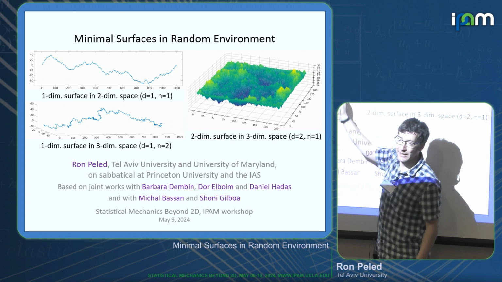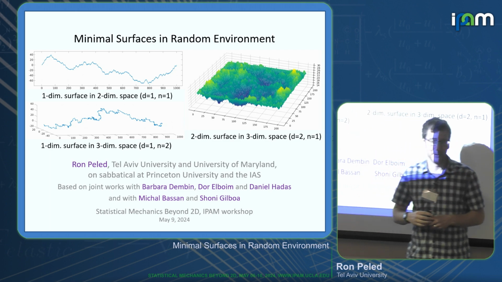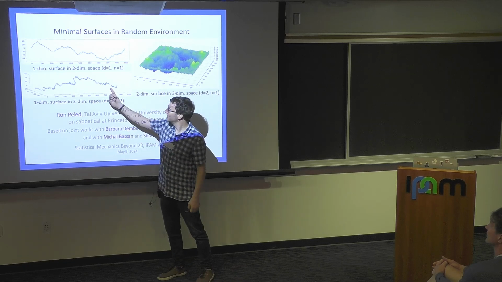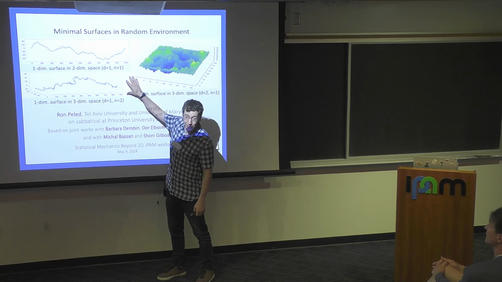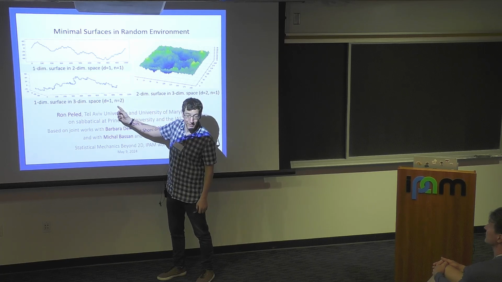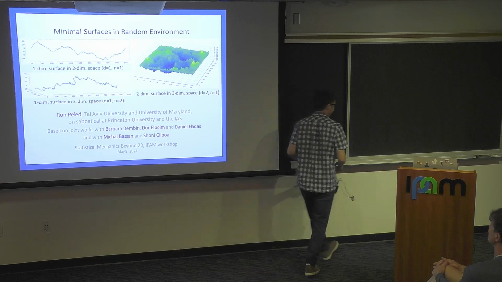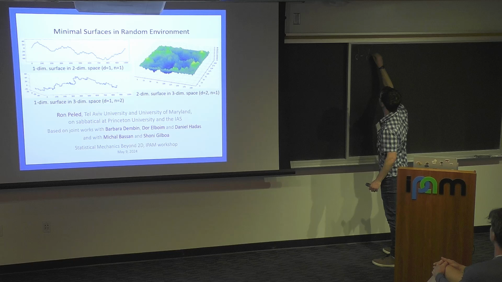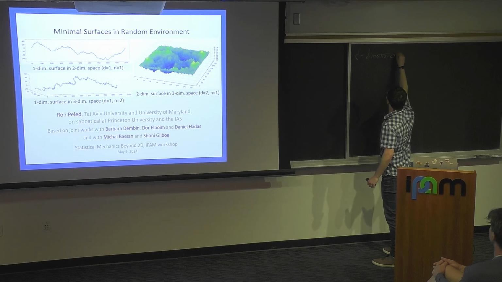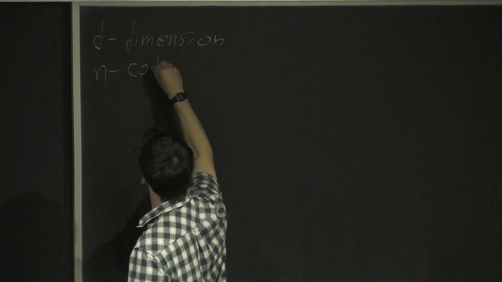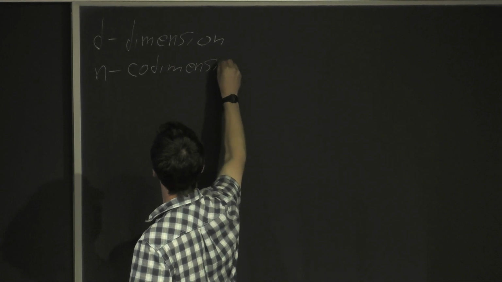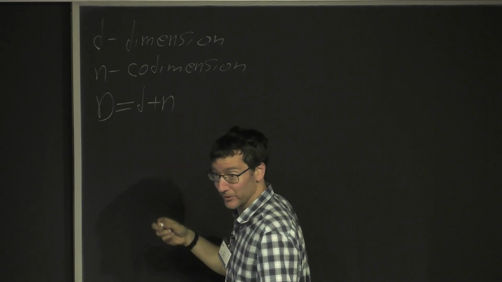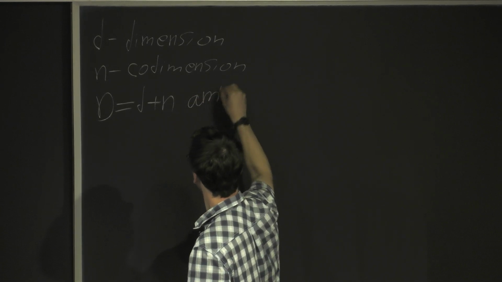So by the letter n, I denote the codimension. It is embedded in one dimension higher, so the codimension is 1. Here, a similar path is embedded in 3 dimensions, so its codimension is 2. So there are these numbers that will recur throughout the talk: d is the dimension, n is the codimension, and we will also introduce capital D, which is d plus n, the overall dimension, the ambient dimension.